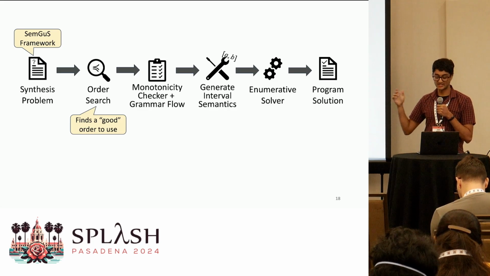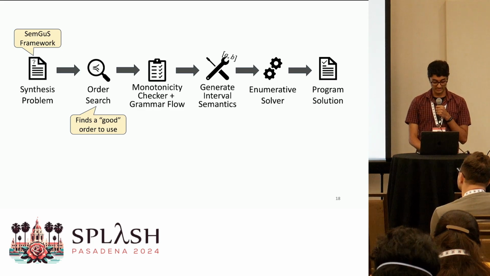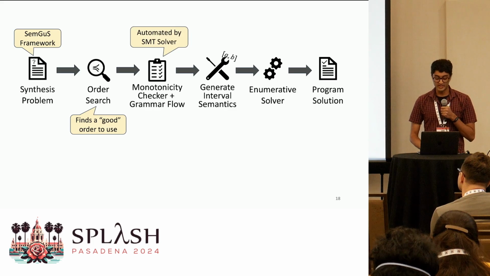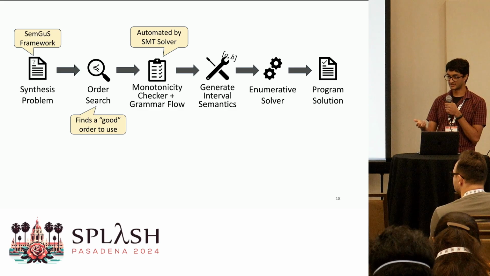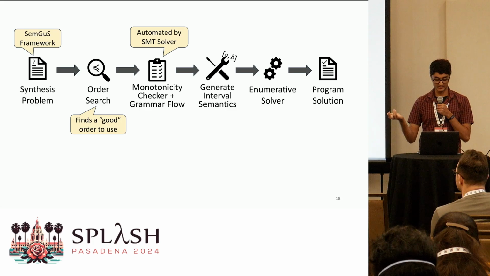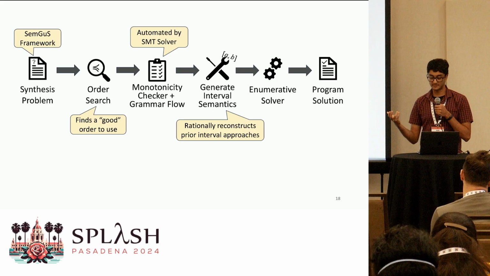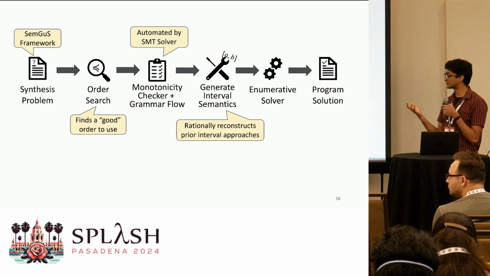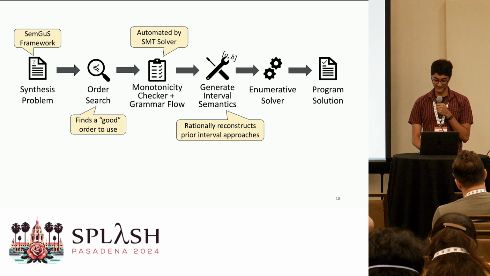We have a way to find a good order to use for these monotonicity proofs. We then run an analysis that involves generating monotonicity proofs and grammar flow analysis based on the semantics, and we show how this can be fully automated by an SMT solver. And this analysis can then be used to generate interval semantics that we've seen can rationally reconstruct prior interval approaches in domain-specific tools.